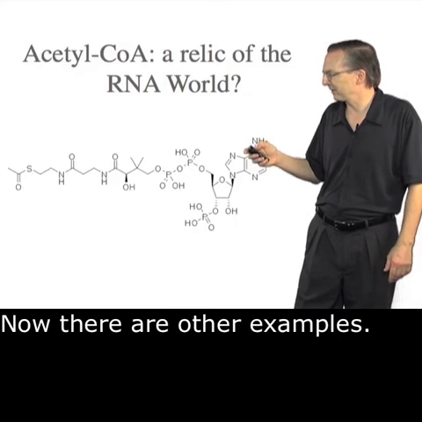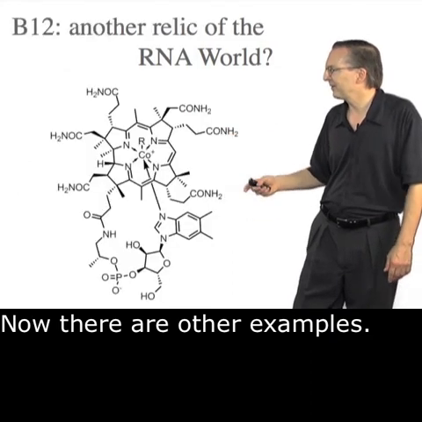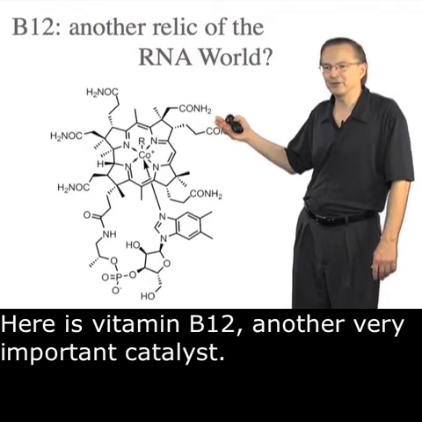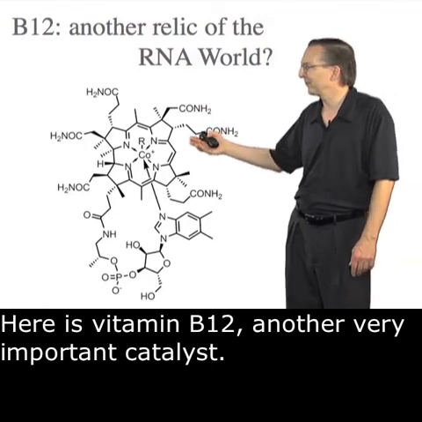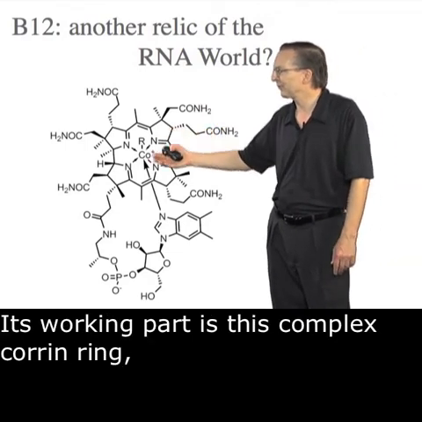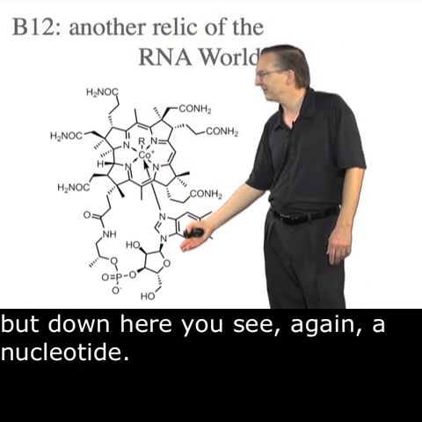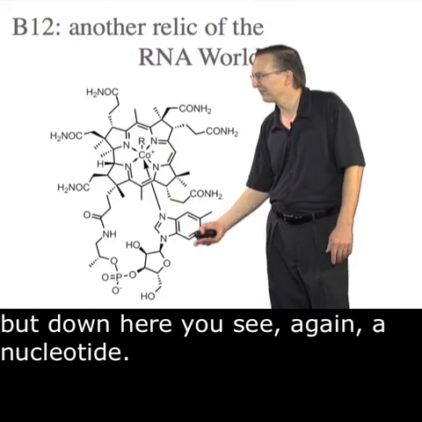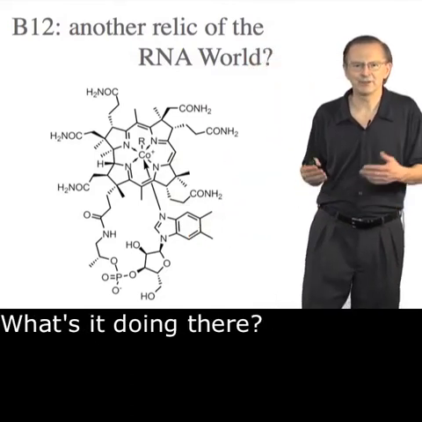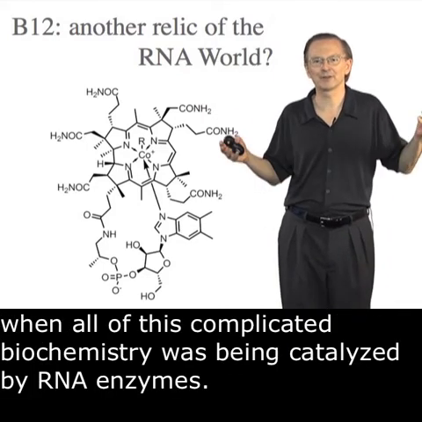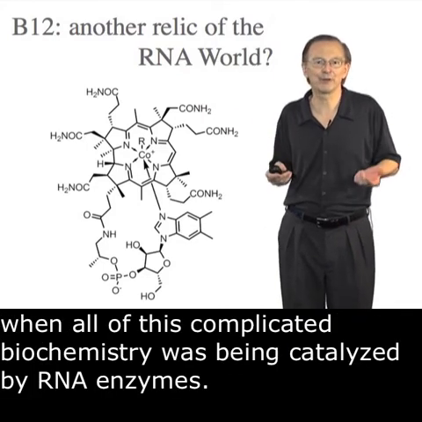Now there are other examples. Here is vitamin B12, another very important catalyst. Its working part is this complex corrin ring, but down here you see, again, a nucleotide. What's it doing there? It's probably another relic of the RNA world, when all of this complicated biochemistry was being catalyzed by RNA enzymes.